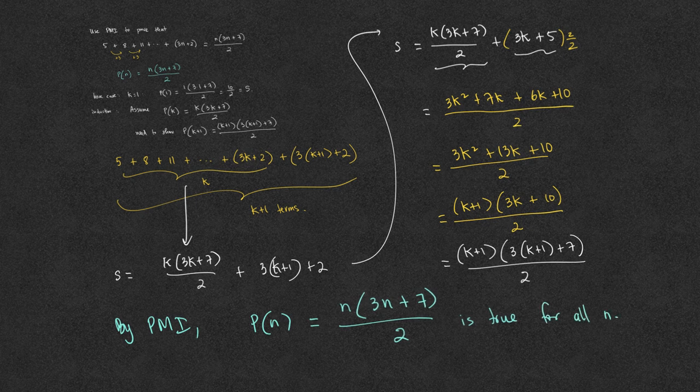The way that works is that we only assume that it is true for one particular k, and we show that it is true for the case k plus 1. But if both of these cases are true, then we can assume that it is true for all n. And this is the sum of 5 plus 8 plus 11 all the way to 3n plus 2.